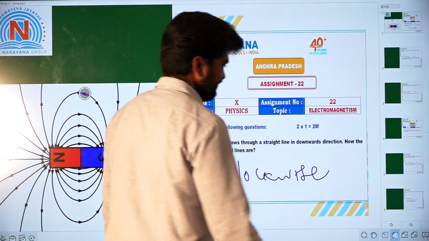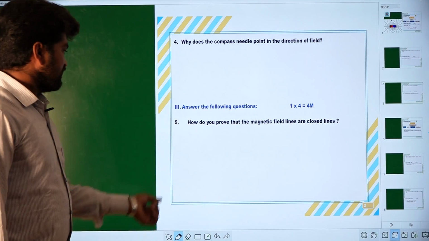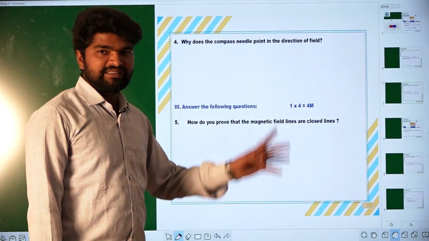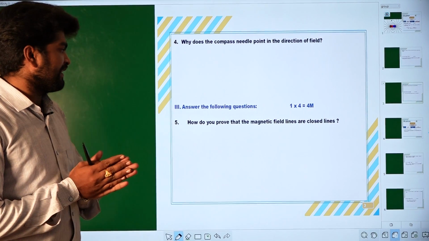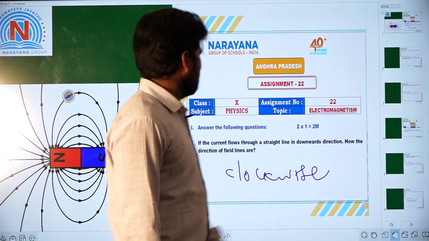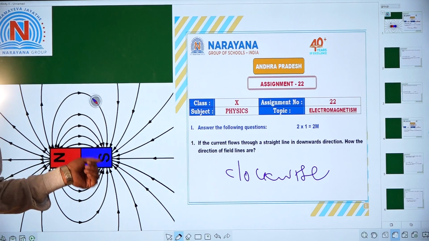Then coming to the fifth question: how do you prove that magnetic field lines are closed lines? With the help of a magnetic compass needle, if you conduct an experiment, then magnetic field lines are closed loops.